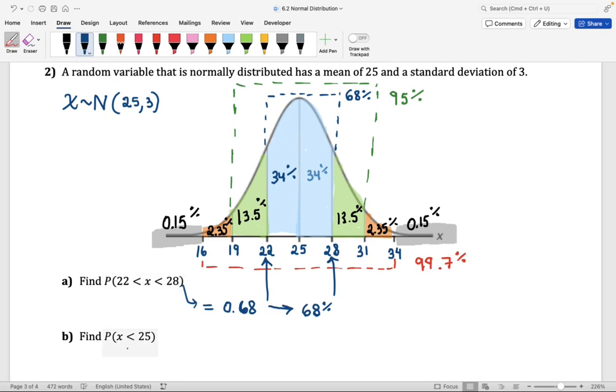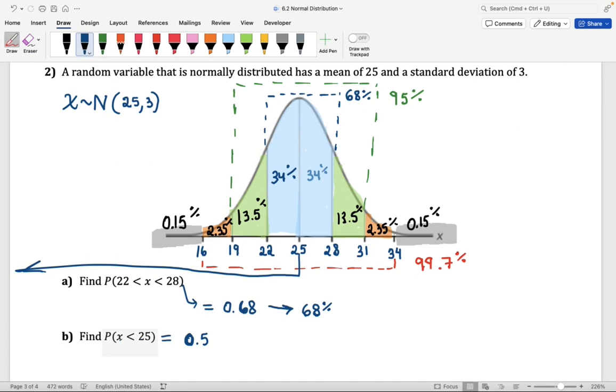Now, would you be able to answer the following question? Find the probability of x being less than 25. 25 is the mean. How much area do you have to the left of this here is equal to 0.5. That is half of the area that is under the curve. Remember, the area under the curve is 1. Half of the area is below the mean.